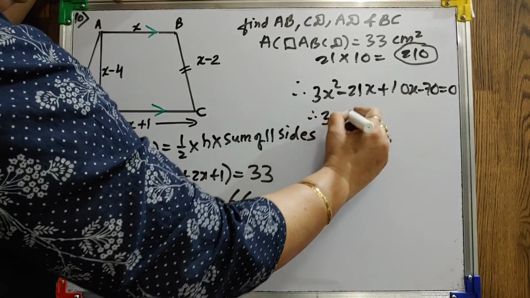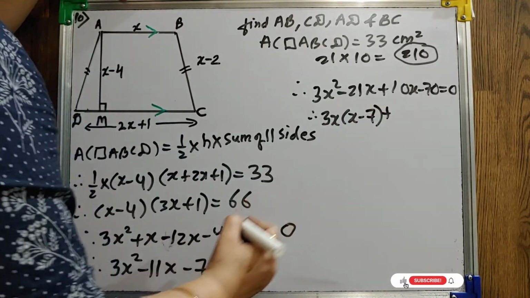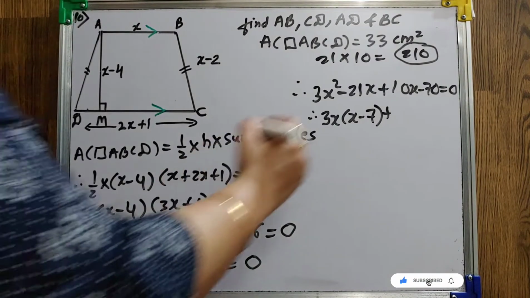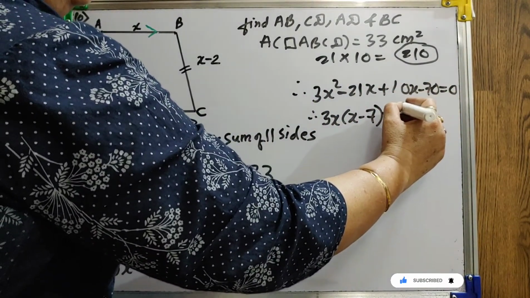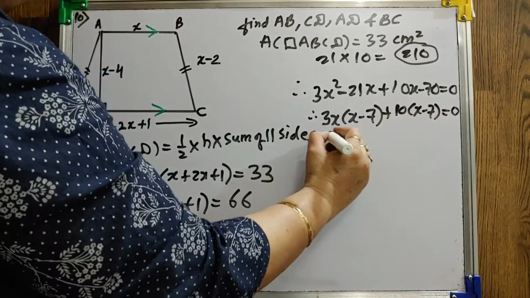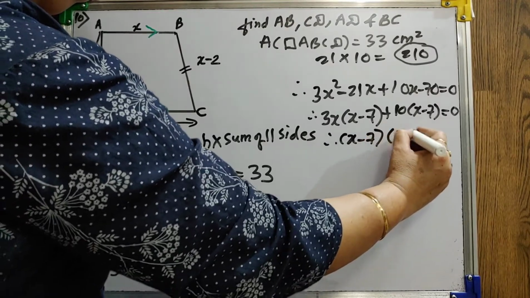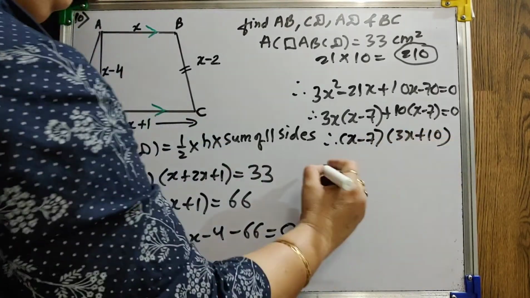So when you take 3x common, it will be x − 7. Now here, take 10 common. So here one of the brackets is x − 7, the other is 3x + 10.